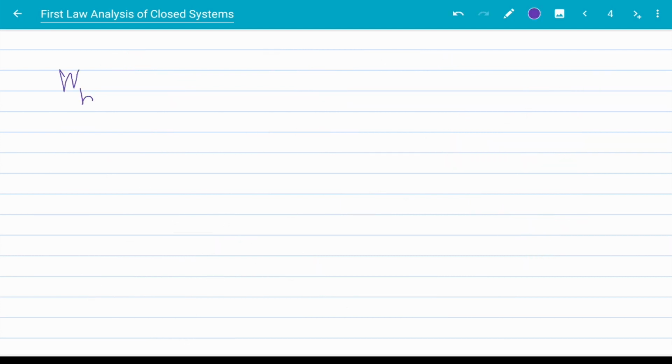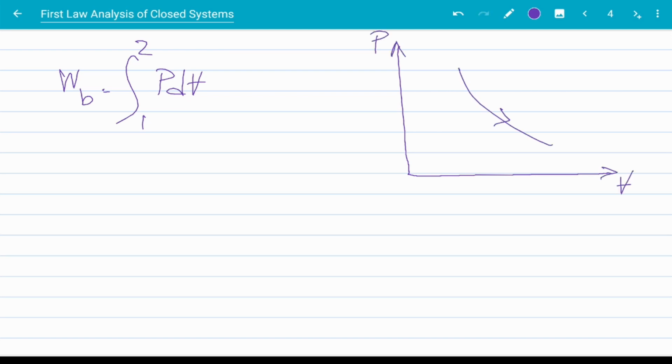Now let's take a look at the equation that we have from a PV diagram perspective. So the boundary work is the integral from 1 to 2 of P dV. And if we look at the PV diagram, if this is the process from state 1 to state 2, the boundary work is the area under this curve.